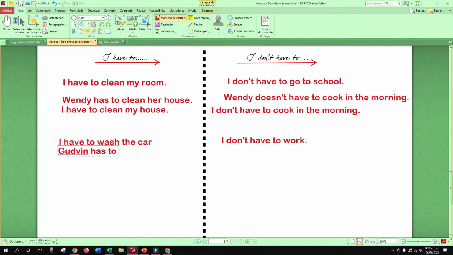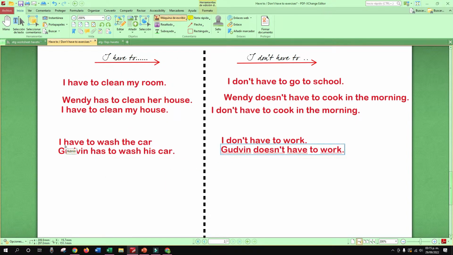Or we can say here, Goodwin has to wash his car, right? Or in this case, Goodwin, come on, Goodwin doesn't, right? Doesn't have to work. Perfect, right? So aquí tenemos las dos formas.